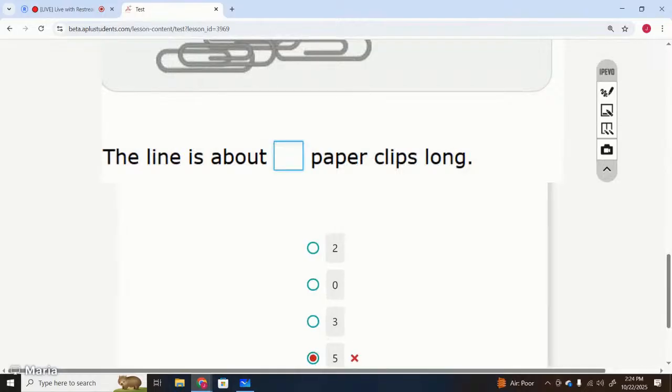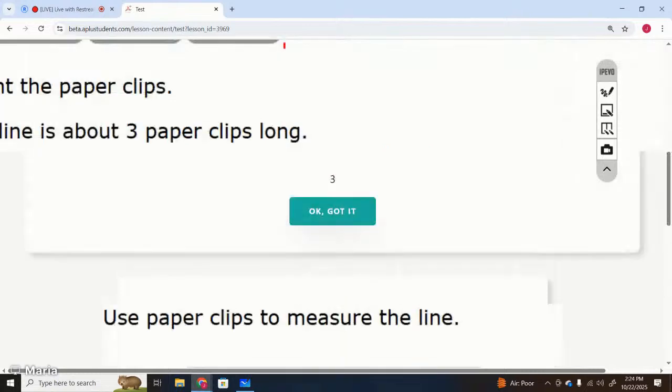Number 4 is the correct option. That is 3 paper clips long. The line is okay, got it.